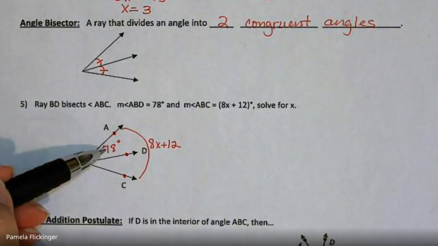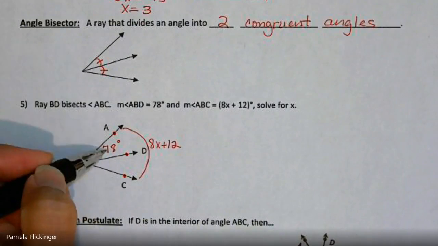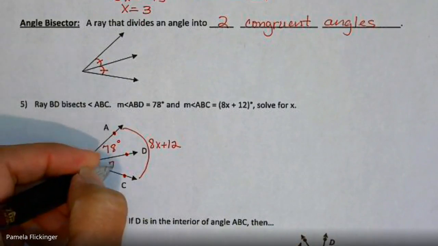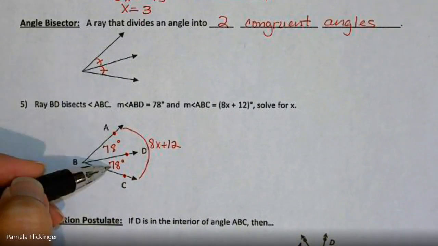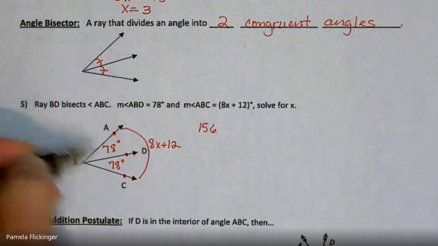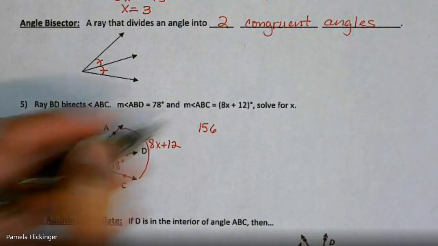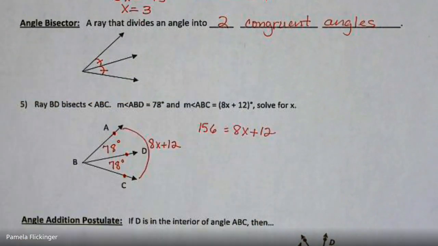So these two parts are obviously not equal to each other. And there's a couple ways to do it. Well, if this is truly a bisector, then I know that this other smaller angle is also 78 degrees. So 78 plus 78, which is going to be 156 total, that's what equals 8x plus 12. All right, that's one way to do it.